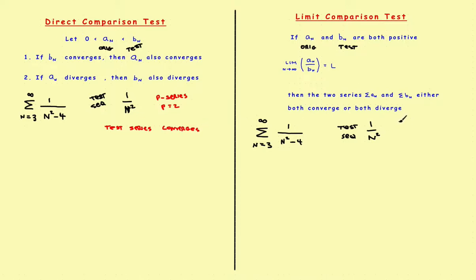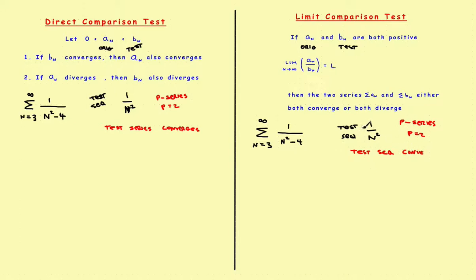This one is exactly the same thing. So you need to figure out, does this test sequence converge or diverge? Well, same argument. It's a p-series, exactly the same thing. So it's a p-series with p equal to 2, which implies, again, that this test sequence converges.